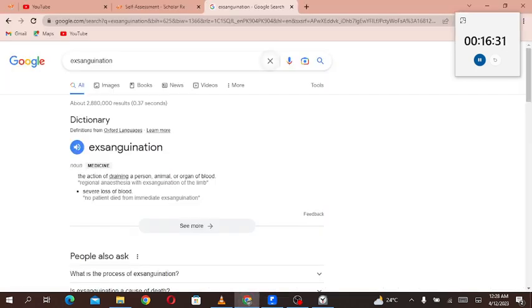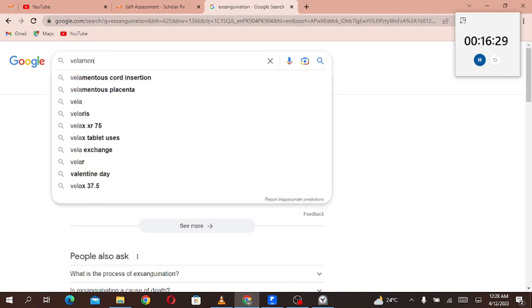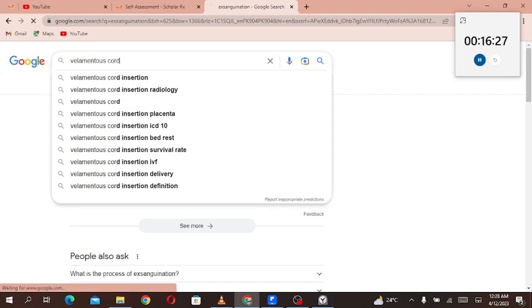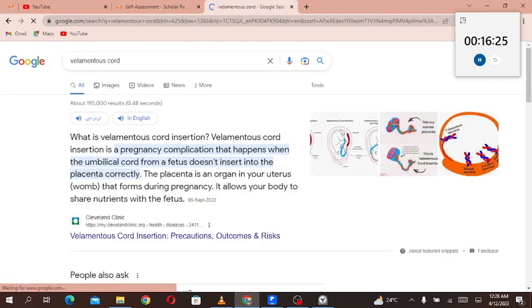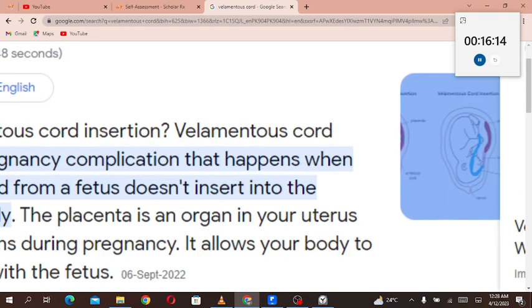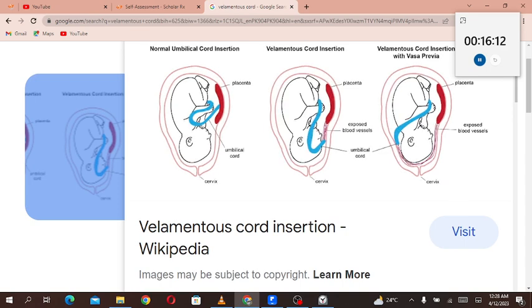Velamentous cord insertion is a pregnancy complication that happens when the umbilical cord from a fetus does not insert into the placenta correctly. Here you can see, I guess this is a good picture. Normal umbilical cord insertion goes all the way directly into the placenta.